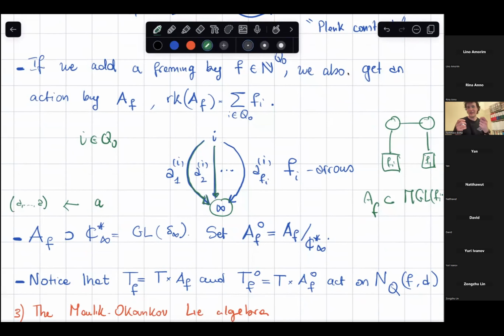Essentially, the reason why I want to introduce this additional action is that whenever I consider some kind of moduli problem of representations, for instance, I want to consider the moduli stack of all representations, usually I have a sister action acting on the framing at infinity. And I want to keep in mind that that sister action can be seen as a subtorus of this framing torus.